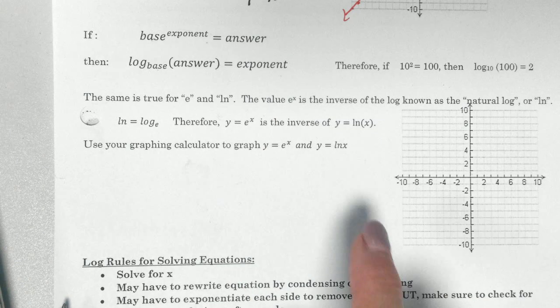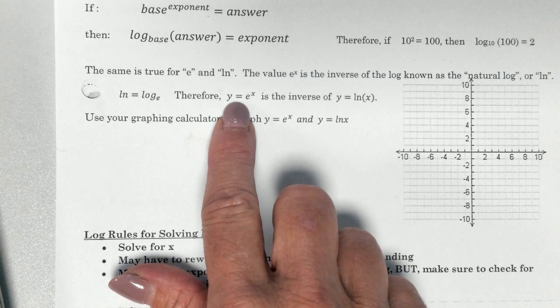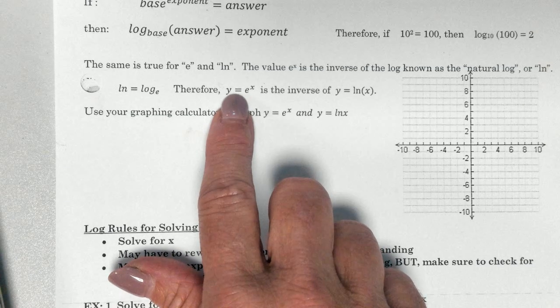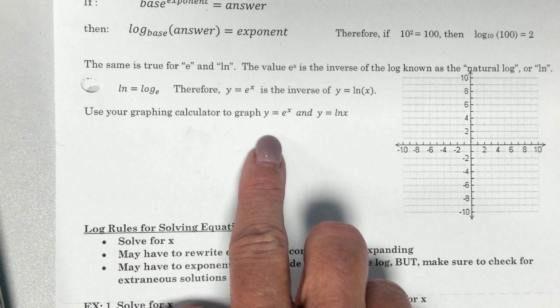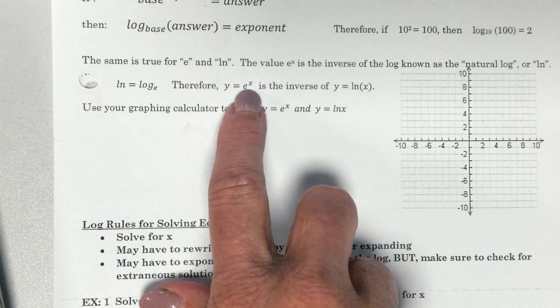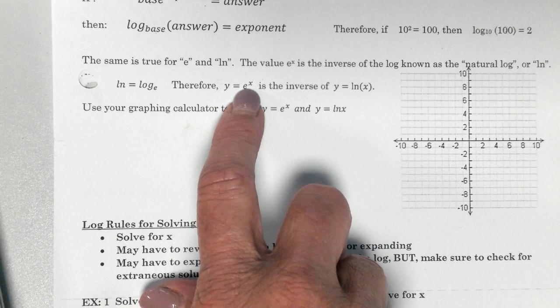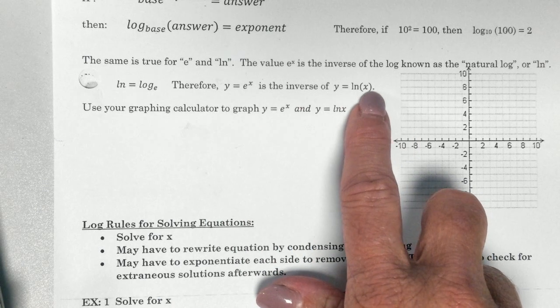All right? So what I want you to do is I want you to do the same thing with e and natural log that we did with our exponent equation and log base 2. I want you to go into y equals, and under y sub 1, I want you to type in e to the x. And then under y sub 2, I want you to type in natural log of x.